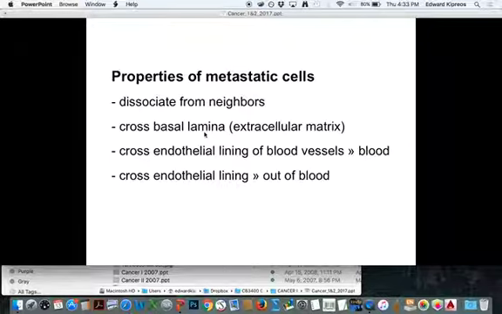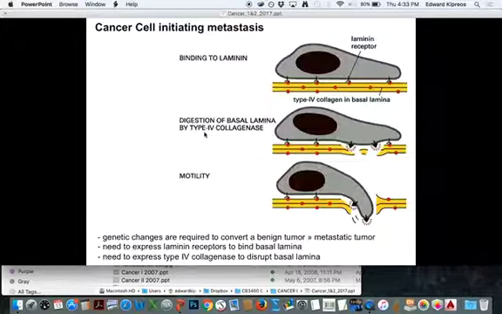So depending on how quickly these things can be picked up, depending on how quickly they can metastasize, and if a type of tissue already has some of these capabilities, clearly they're going to have a head start on metastasis, like the melanoma does. Okay, they've got to be able to cross the basal lamina, which is extracellular matrix. They've got to cross that endothelial lining, and then they've got to get out as well and start in a new location.